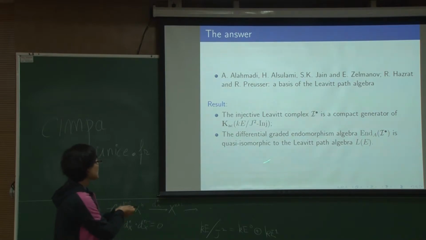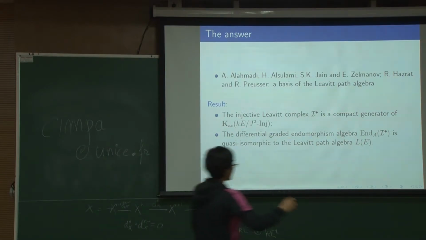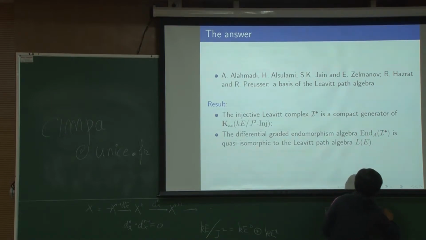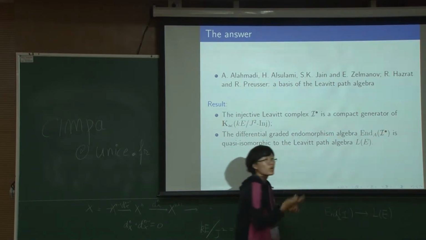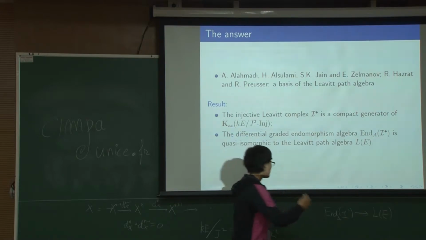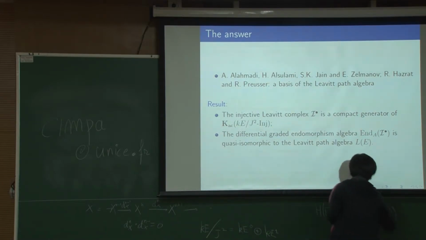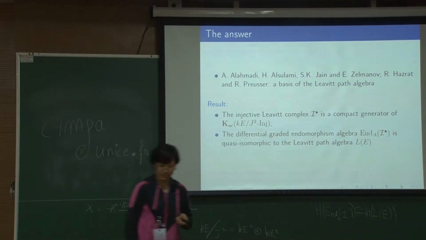So here, quasi-isomorphic: first, as algebras, they are not isomorphic. But taking cohomological groups, they are isomorphic. So that means quasi-isomorphism.